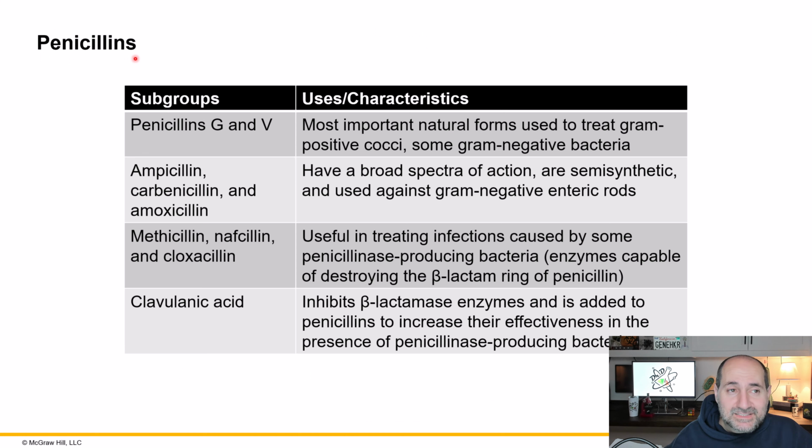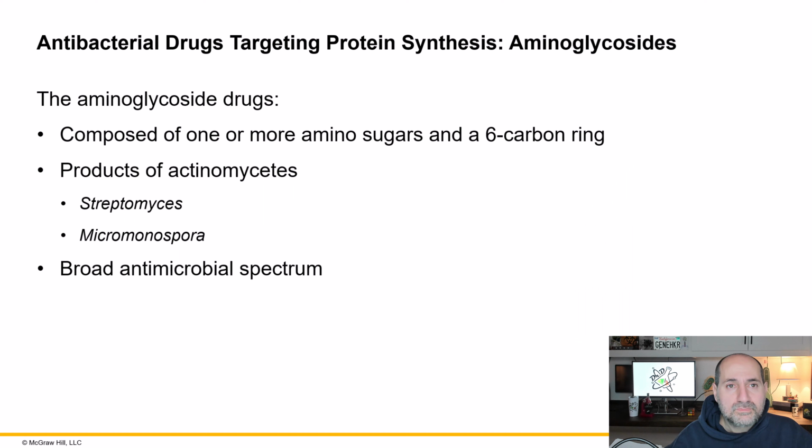Another thing you should remember is that some antibiotics target the cell wall, and you should know that penicillins target the cell wall. It's very important to remember. And then please remember that some antibiotics target protein synthesis. They prevent the bacteria from making proteins, usually by interacting with and blocking the ribosomes. Remember, the ribosomes are the little organelles that synthesize proteins.